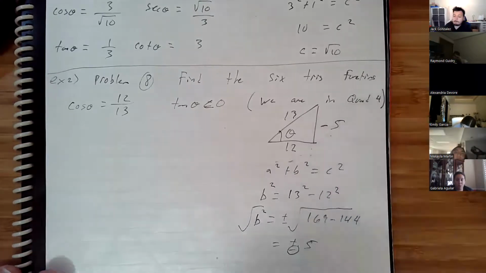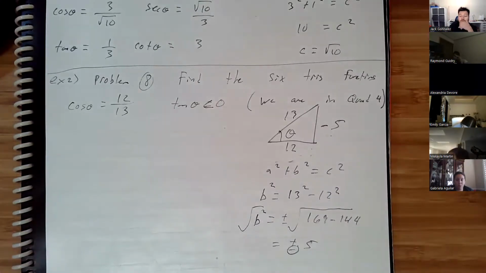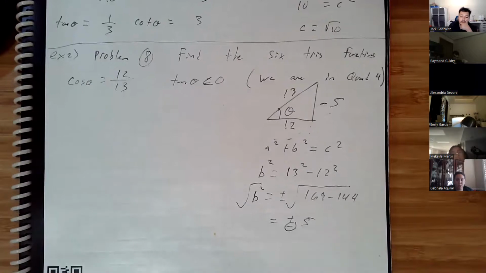Sorry about that. Okay. That's what we wrote on the screen earlier. We chose minus because it's quadrant 4.